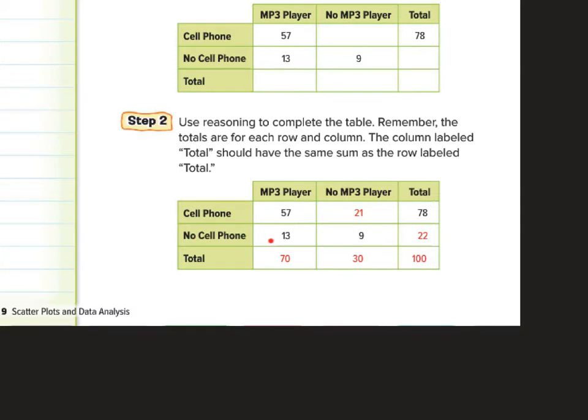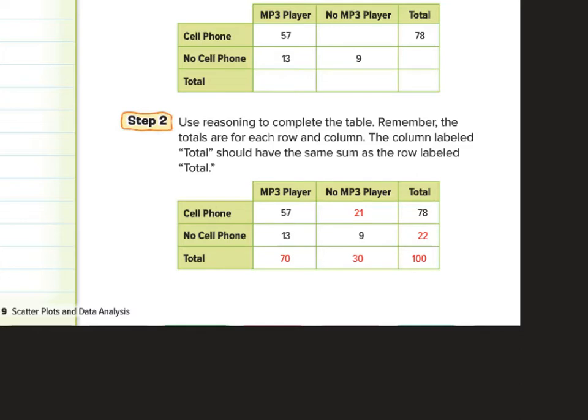Then you already know of the 13 that have no cell phone but have MP3 players and the 9 that have no cell phone nor MP3 player, and together they make 22. And then finally, going down, you see here that we have MP3 players, 70, no MP3 players, 30. And together they make over here 100. And that is a two-way table.